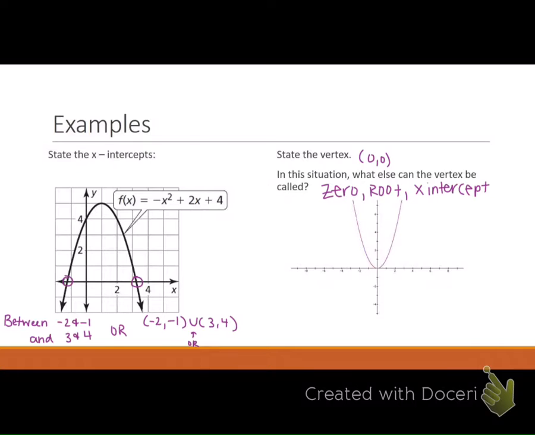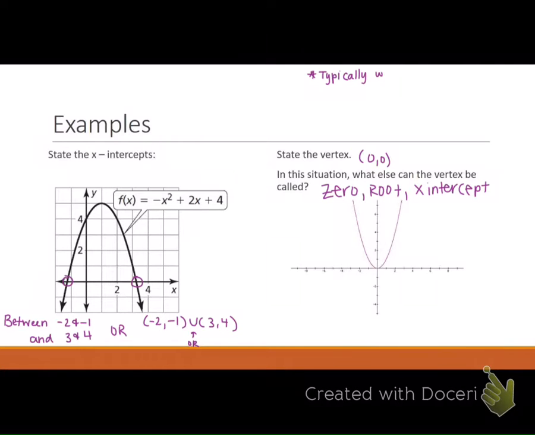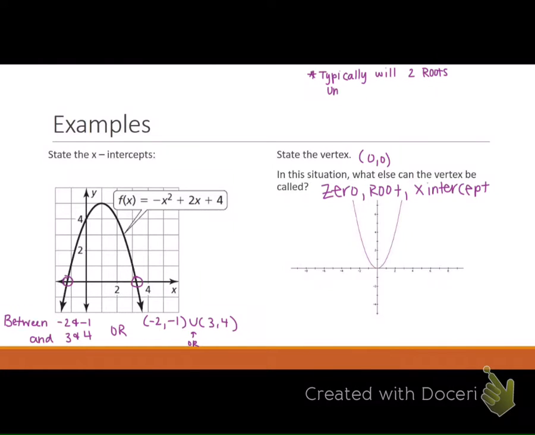So, just as a side note, you typically will have two roots, or zeros, or x-intercepts, unless there's two situations.